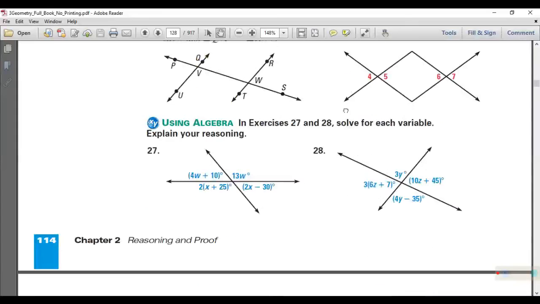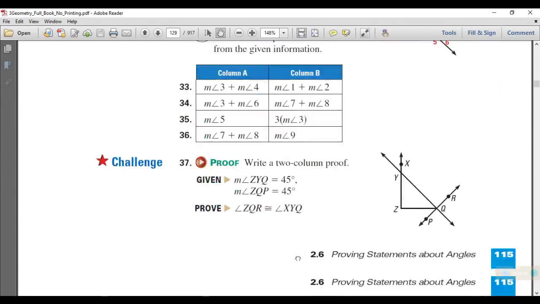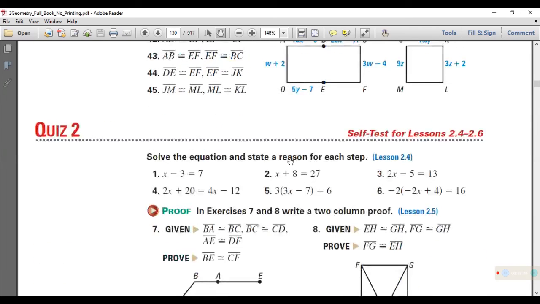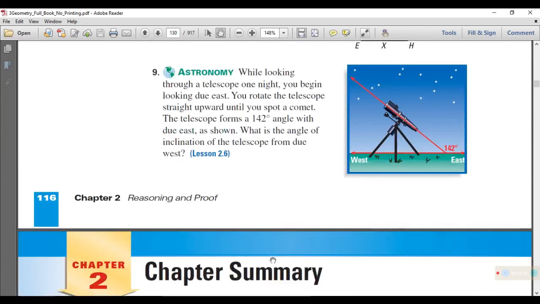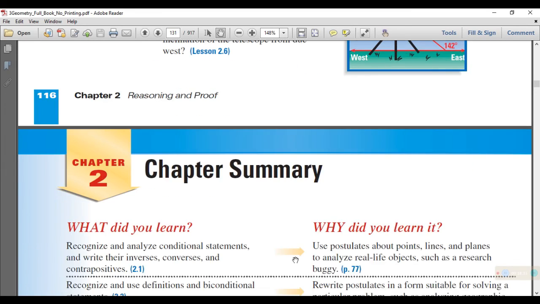So, I think this is the last topic for chapter 2. Hopefully, this is the last one. Kasi gusto ko na mag-start tayo ng chapter 3. Check ko lang before ko i-cut yung video.